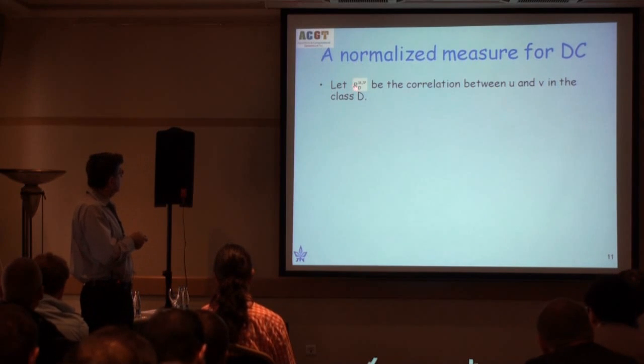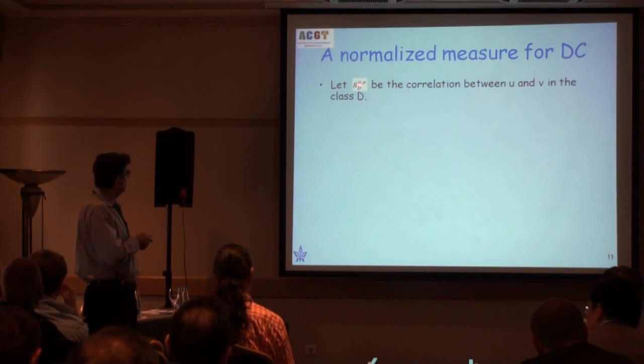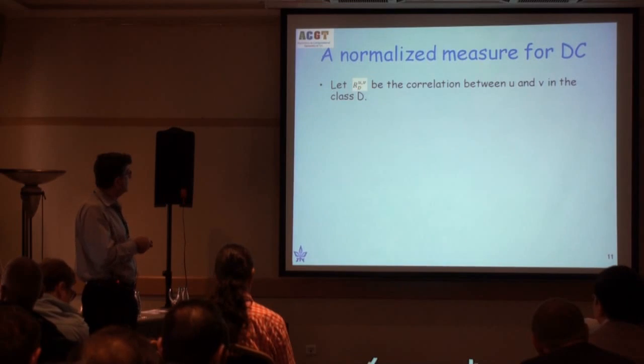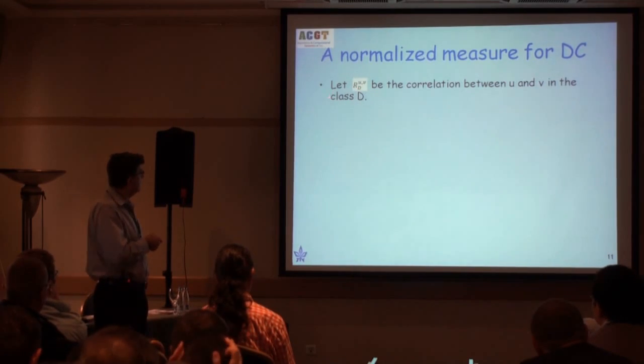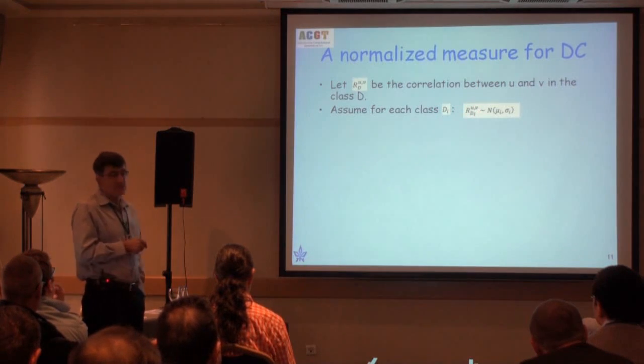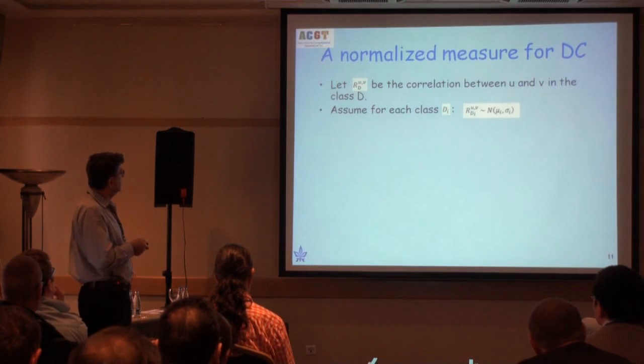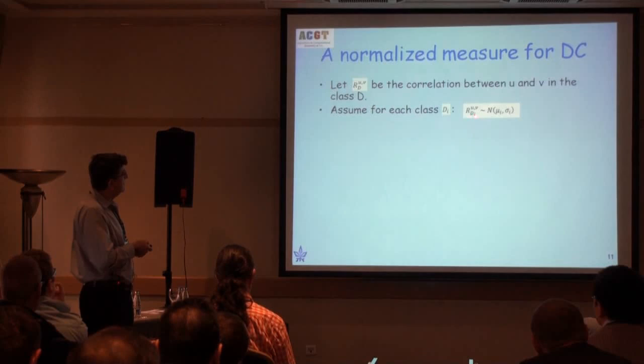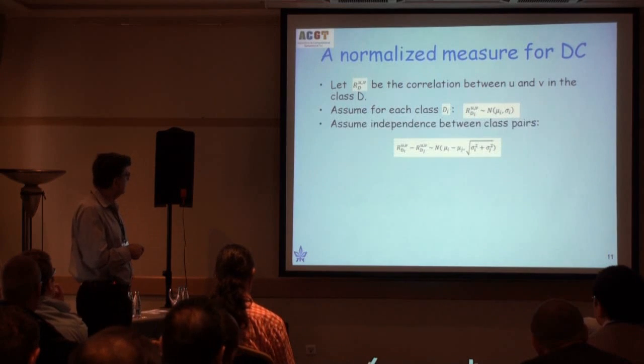So let R with indices U, V, and D be the correlation between the genes U and V in the class D. And we assume that these values are normally distributed with parameters that depend on the class.